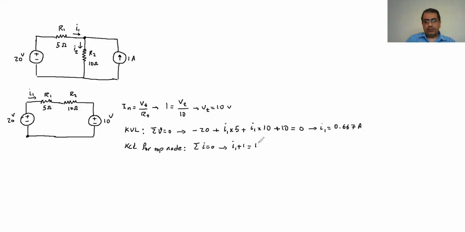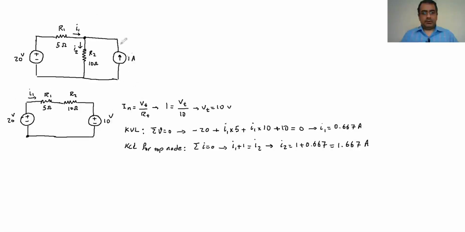So the I2 is leaving. So therefore, I know the I1, so the I2 is going to be 1 plus 0.667 amp, which is going to be 1.667 amp. So this is how we can replace the left part of that circuit to come up with this circuit.